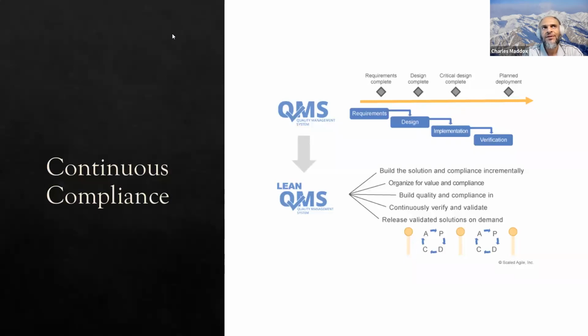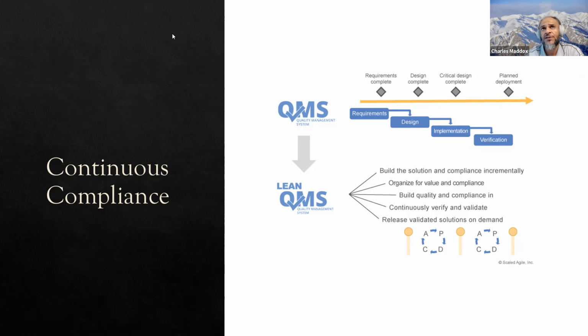So, we're kind of stuck in a mindset oftentimes that you have to meet these compliance requirements in large batches, right? Or at the end, you do the entire thing at the end. Again, the waterfallish mindset is kind of the way that we think about these things.